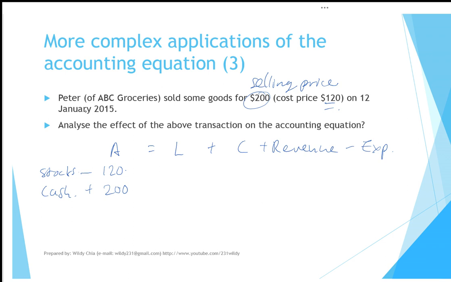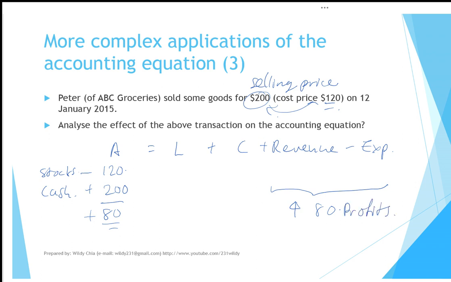Now notice that the equation doesn't balance now, because on this side of the equation you have a positive net 80. What about on the right hand side? Actually, on the right hand side there is also an increase of 80. Why? Because the business made profits from the sale of goods. Goods cost 120 and these were sold for 200, so there were profits made.